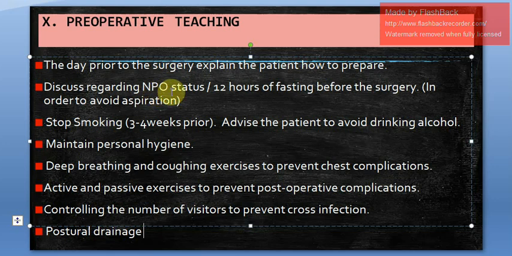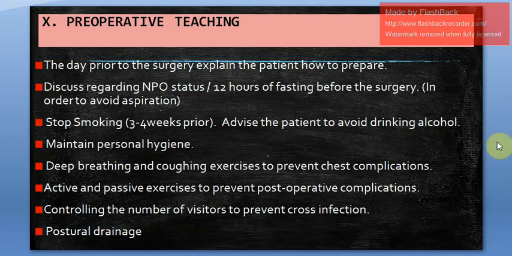NPO means nil per oral, so nothing will be given through the mouth, at least 12 hours before the surgery. Why? To avoid aspiration during surgery. So tell the patient to fast for 12 hours before surgery, from 12 midnight they should not consume anything.